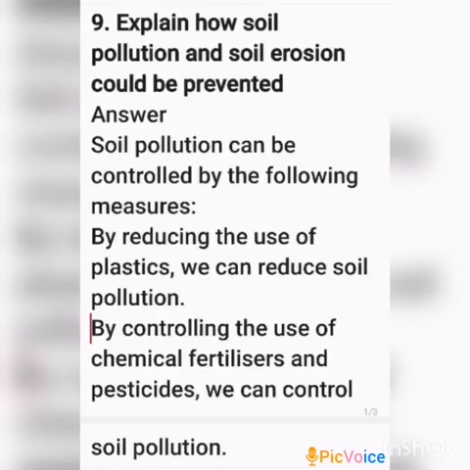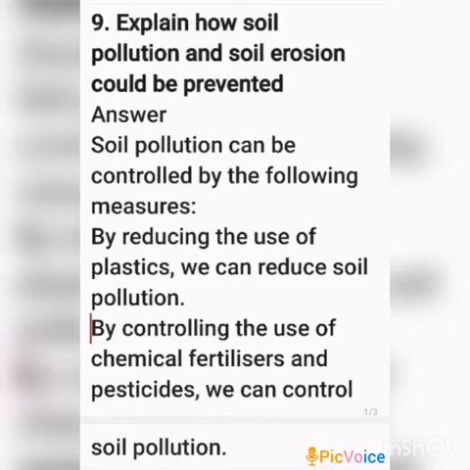The ninth one, explain how soil pollution and soil erosion could be prevented. Let us see the answer. Soil pollution can be controlled by the following measures. What are the measures, children?